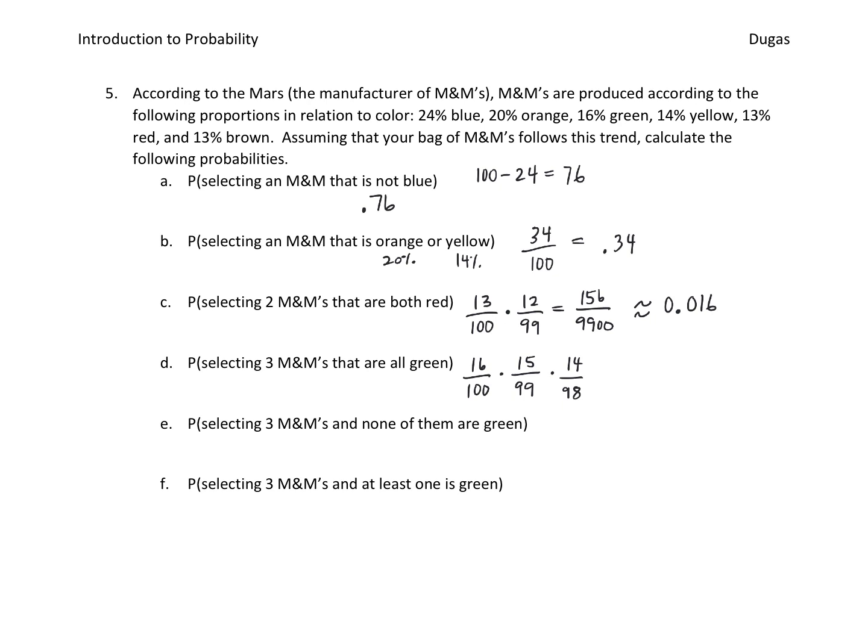And we would multiply those together. So 16 times 15 times 14, that would be 3360 over 100 times 99 times 98, that would be 970,200. And I could simply divide those two to see what I would get. That would be approximately 0.003.